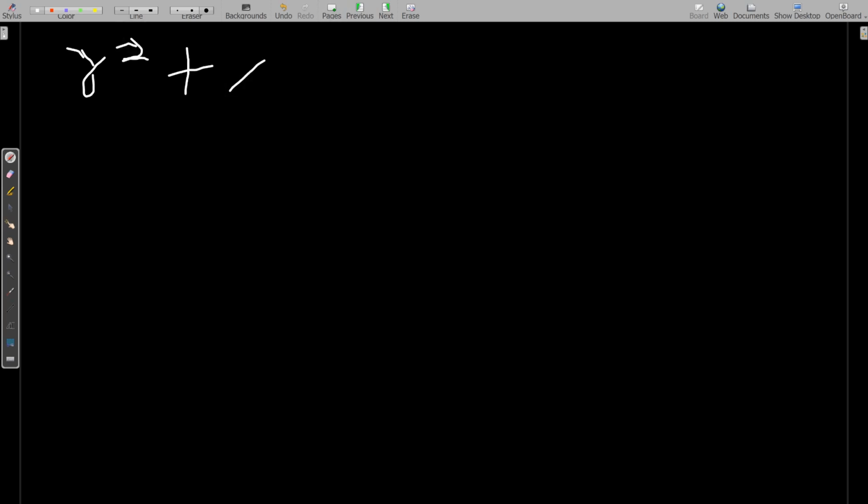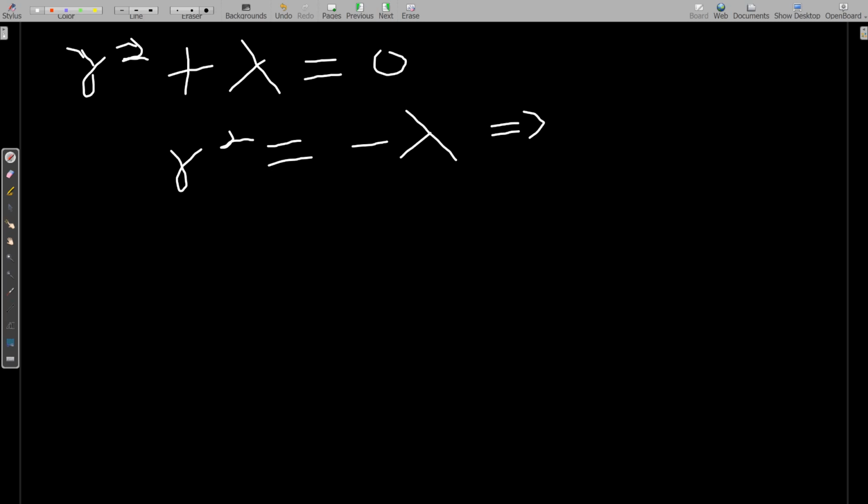In that case, we solve for lambda and we see that r squared is equal to minus lambda, or you solve for r. This will imply that our r is equal to plus or minus the square root of minus lambda. So now this is our solution for r.